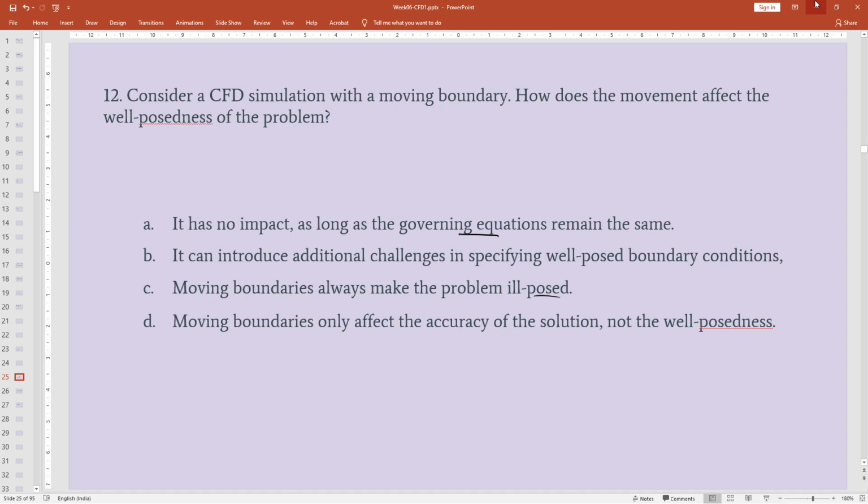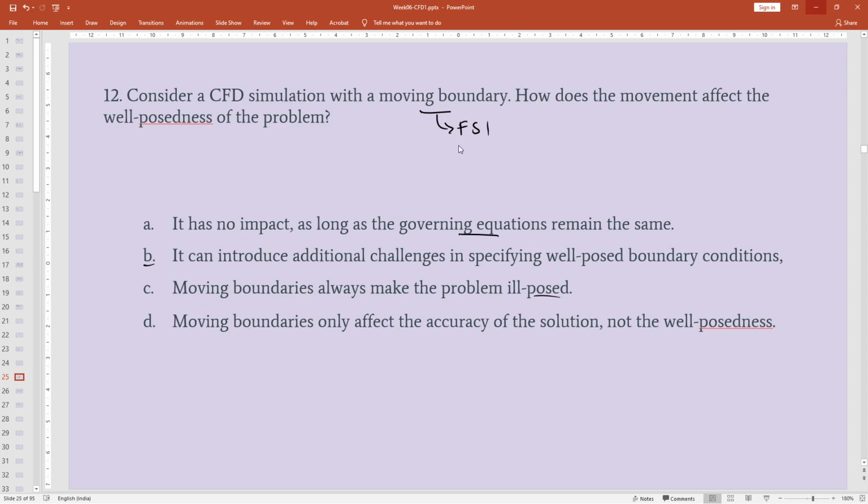Yes, you are right. Option B is our answer. It can introduce additional challenges. Moving boundary means something like FSI, fluid structure interaction, or one boundary having some movement.